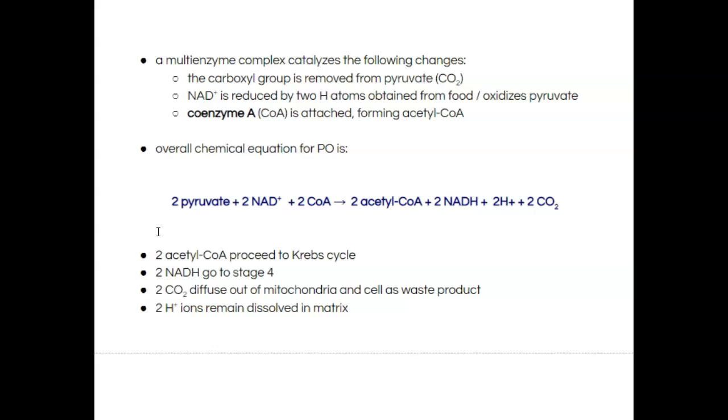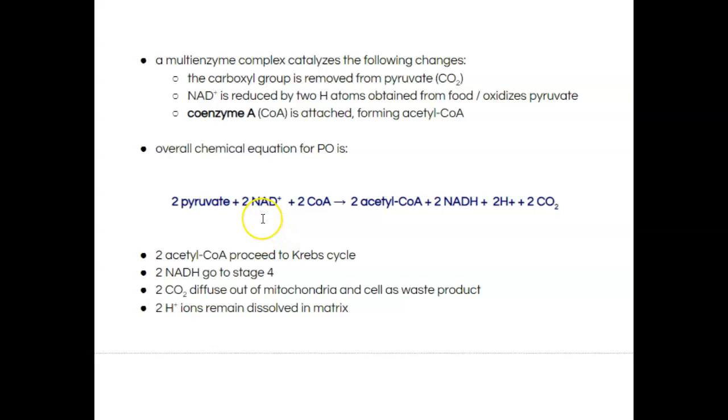So per 1 glucose molecule, I'm going to begin pyruvate oxidation with 2 pyruvate. Those 2 pyruvate are going to become oxidized, and in so doing, I'm going to remove a carbonyl group. And so that ends up as being a carbon dioxide, which is a waste product. So because I have 2 pyruvate, I'm going to end up with 2 CO2 evolving at this point.